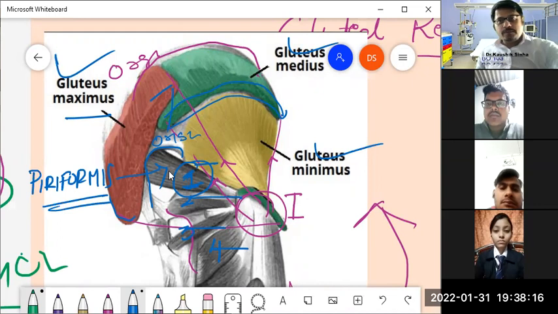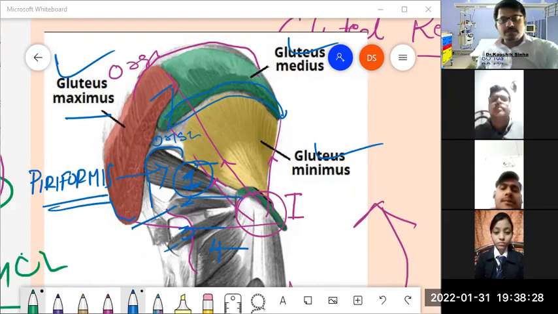Now, even below the piriformis, you see that there are muscle number 2 and muscle number 3. Both these muscles basically have a common name that is known as gemelli, G-E-M-E-L-L-I. Now, one muscle is present on top of another.